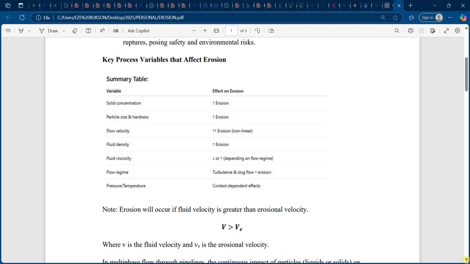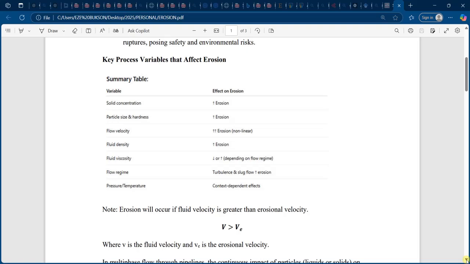Then you also have fluid density, which is also proportional to the amount of erosion that can occur, right? Then you also have fluid viscosity. For fluid viscosity, it depends on the flow regime. The flow regime can actually determine whether erosion would occur or not.